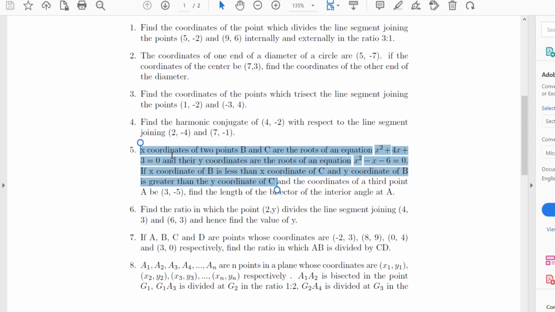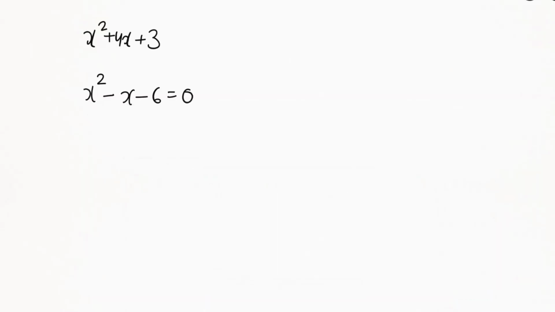So first equation is x square plus 4x plus 3, and second equation is x square minus x minus 6 equal 0. Alright, two equations are given, and the x coordinates of 2 points, B and C, are the roots of the first equation.